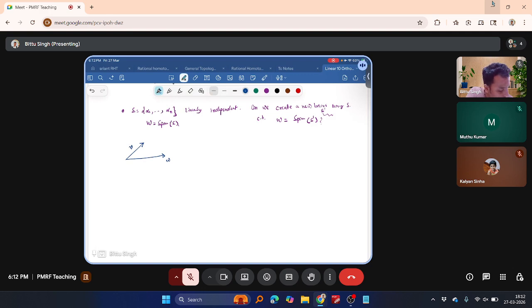You can project this vector v on this w, and the projection formula is the usual: the inner product of v with w, divided by the norm of w squared, in the direction of w.